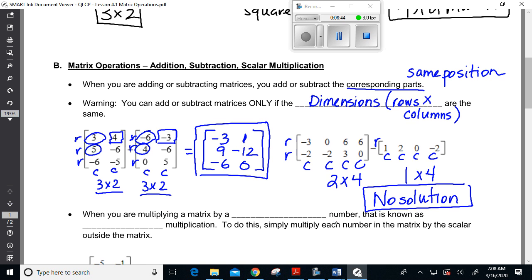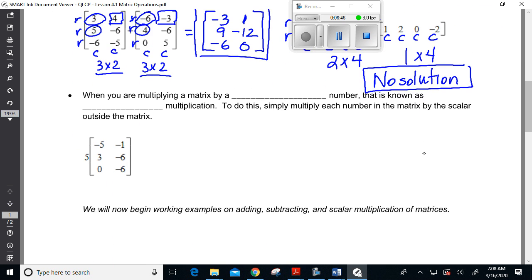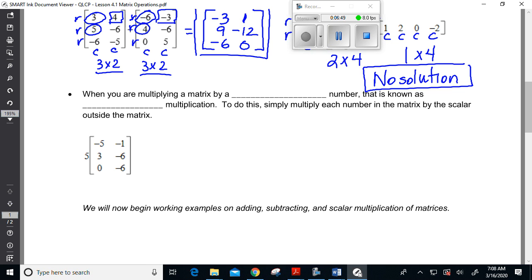Now, multiplying, there's actually 2 types of multiplication. The first type is what we're going to deal with now, and that's called scalar multiplication. The other type is actually taking 2 matrices and multiplying them together. That's a little bit more difficult, so of course that one gets its own lesson.